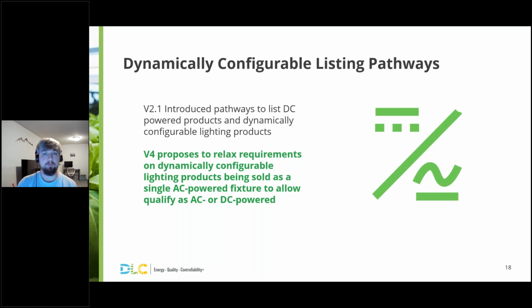So we're proposing to relax that pathway that's been forcing these products to be listed as DC by isolating that DC powered module of these dynamically configurable products and allow them to list either way. And Aaron will be going into more detail on this in a few slides with regards to the operational details and how that would impact the application process.